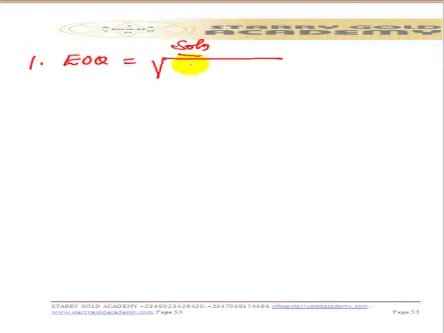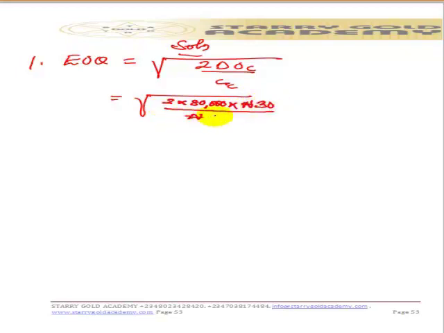Remember, EOQ is square root of 2DOC over CC, and that's going to be square root of 2 times our annual demand 80,000 times the ordering cost given as 30 naira, over the carrying cost given as 50 kobo. 2 times 80,000 times 30 is 4,800,000, divided by 0.50.